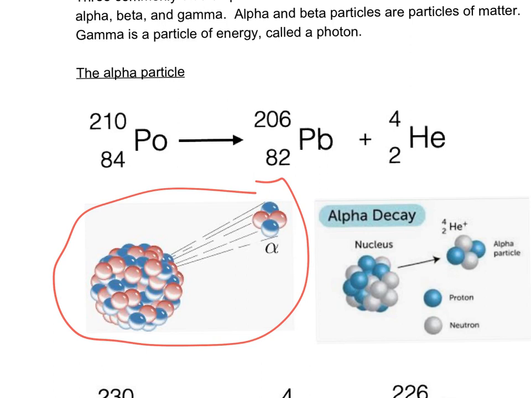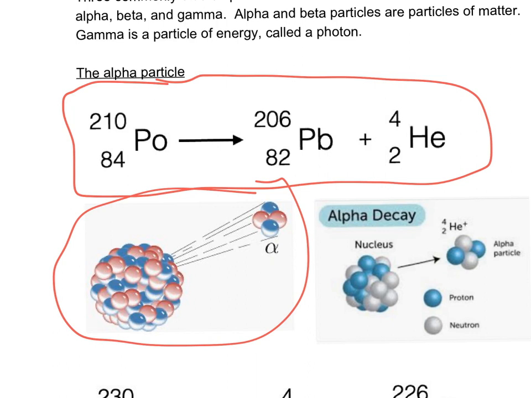And what you see from the nuclear equation up here is indeed just that. We're starting with polonium. It has 84 protons, and an alpha particle is ejected from it. An alpha particle consists of two protons and two neutrons. So as a result of the loss of those two protons from the polonium nucleus, it just has 82 protons left.